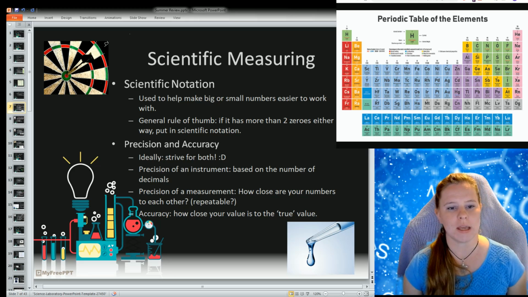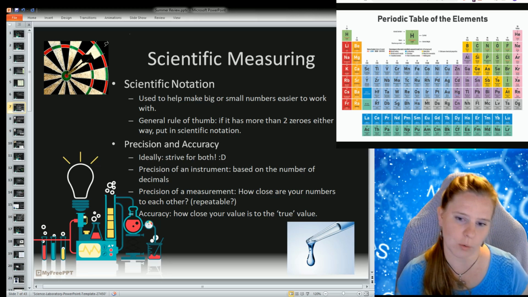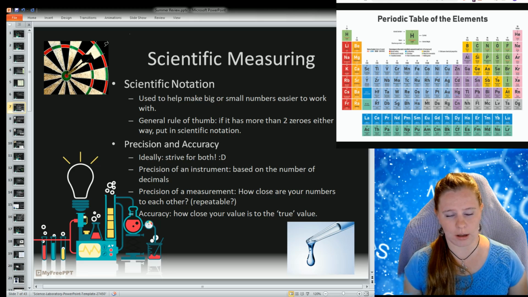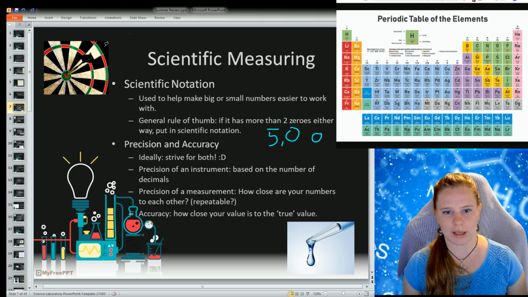So in other words, if you have a scale, maybe your little kitchen scale or your bathroom scale, that might only weigh to like the 1/10 of a gram. So let's say you had a 5-gram weight and you put it on there. On your little kitchen scale, you might only get 5.0 grams. Okay?